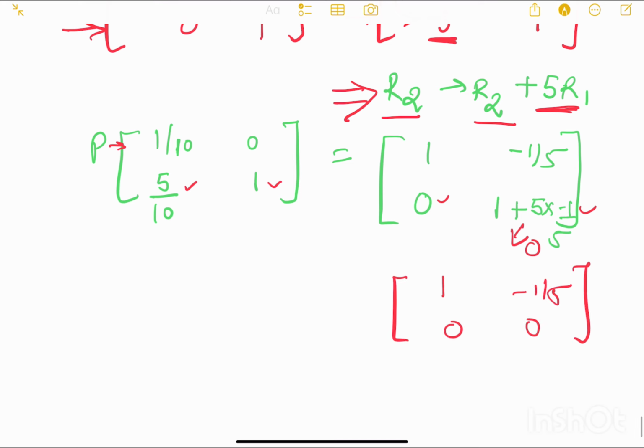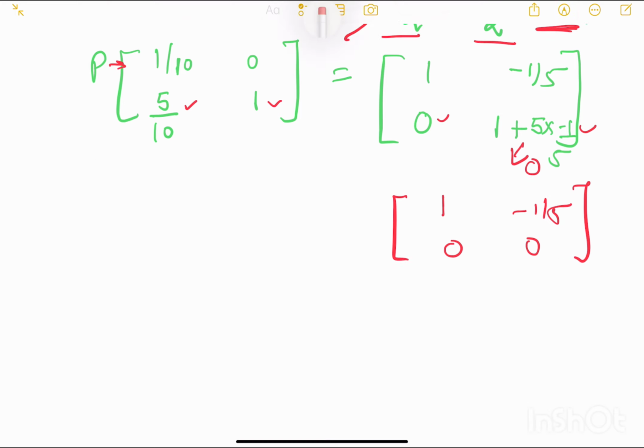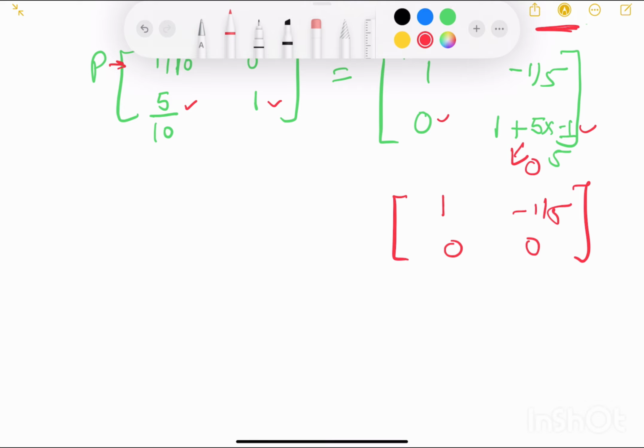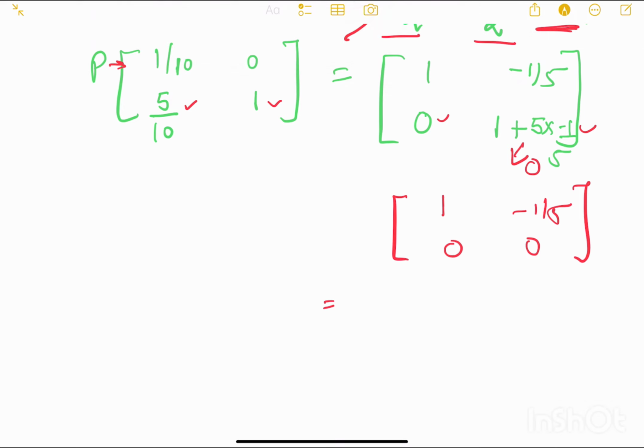Okay. Now it is very important just to focus that while I'm making changes on the right hand side, right? The expression which I started with was this is my P, right?